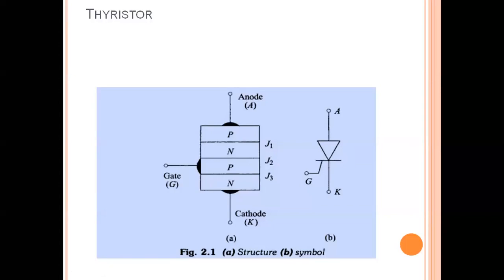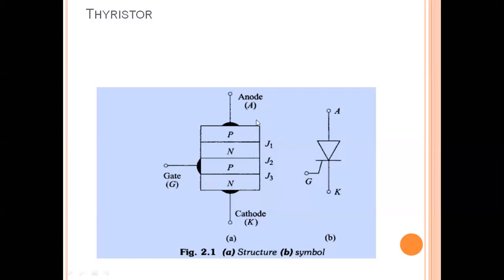As you know, the SCR is a 4-layer device, with layers PNPN fabricated one after another. This device is considered to be a silicon controlled rectifier, and it is provided with 3 terminals.